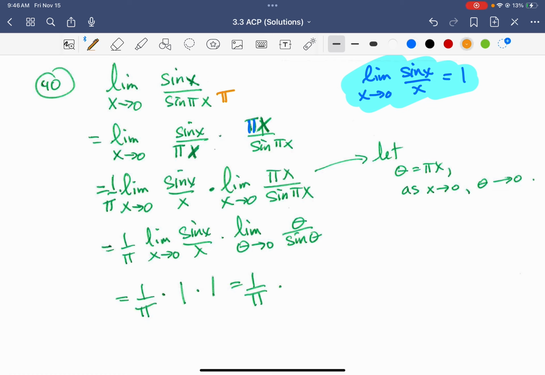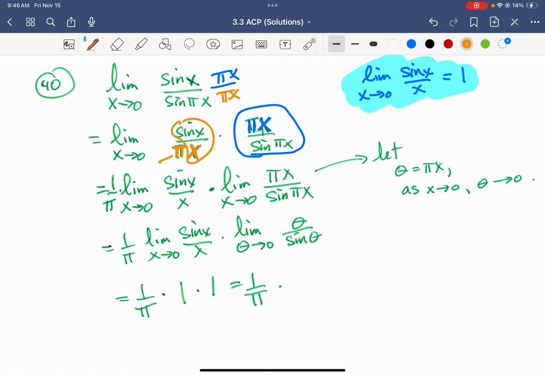Actually, excuse me, I'm going to multiply top and bottom by pi x over pi x. My pi x on top, I'm going to put over sine pi x, because I know that's going to go to 1. And then I put my pi x underneath sine x, because I know that this is going to go to 1.